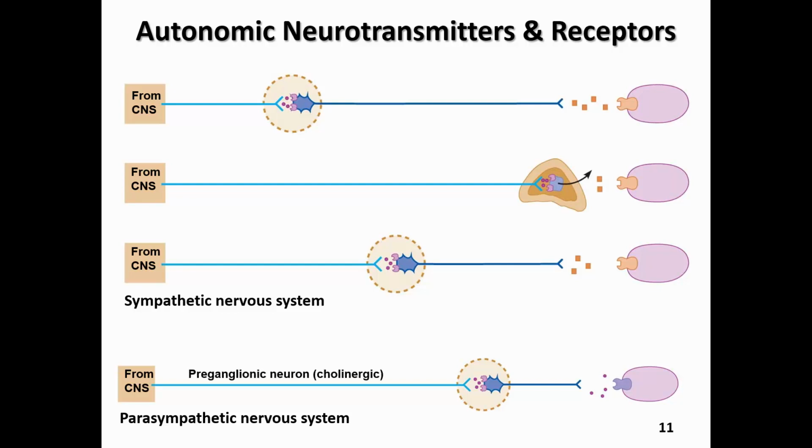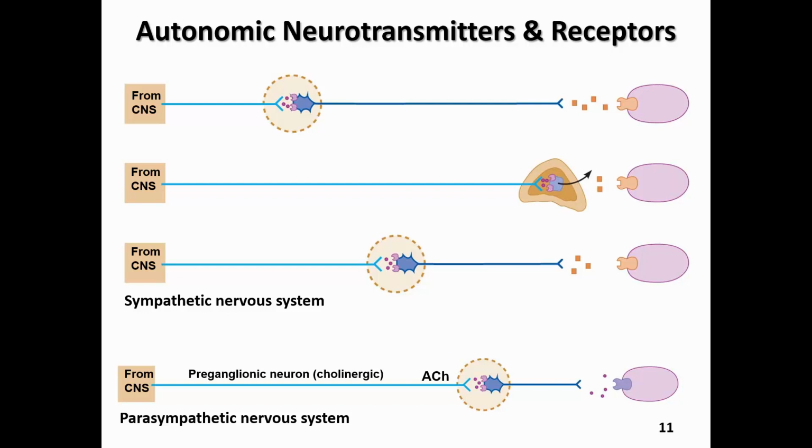If we begin with the bottom, we see that the parasympathetic nervous system will work first through preganglionic, what are described as cholinergic types of neurons. A cholinergic neuron is one that will release a neurotransmitter that fits the classification of one that is cholinergic.